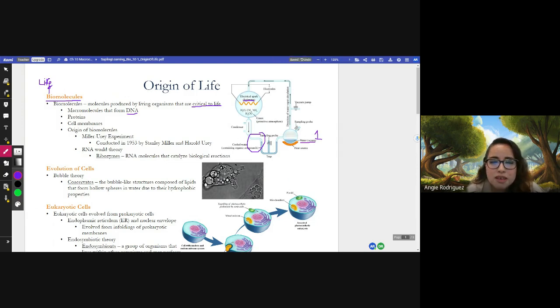So one of the things that these two scientists, Miller and Urey, noticed is that what was made here was something called amino acids. Now, that is critical in building proteins. So that is where we found out where biomolecules came from. Then it would just repeat the process, go through the trap here, and start all over again with your heat source, with your water that's supposed to recreate the ocean, and then repeat. So that is the apparatus and the experiment that Miller and Urey recreated.